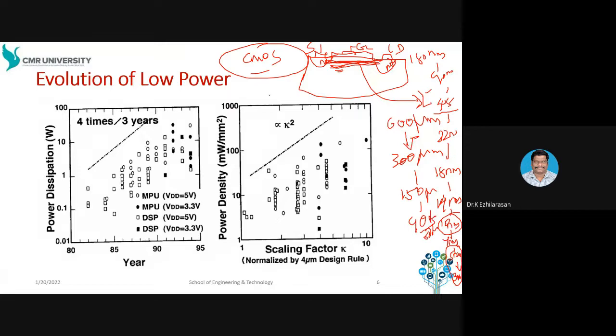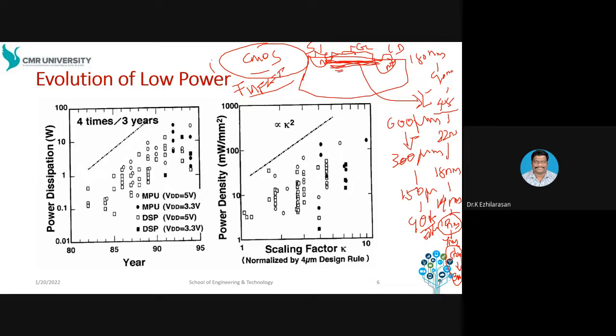What happened later, the technology has come, the name of the technology is Gate All Around field effect transistor. Simply I can say this is nothing but a FinFET. I hope you might have heard about FinFET. It is an advanced version of FinFET, but the gate is completely surrounded. The fin is nothing but, you will have two fins there.